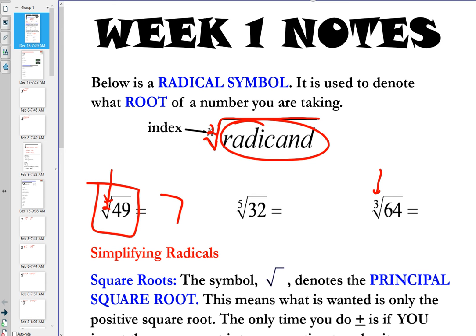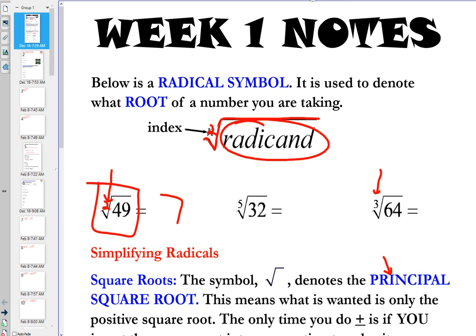Even indexes can have more than one root. You saw that with a plus minus with square root property. But unless you have an equation that you're trying to solve, whatever your calculator tells you, that's the principal root. So square root of 49, right?